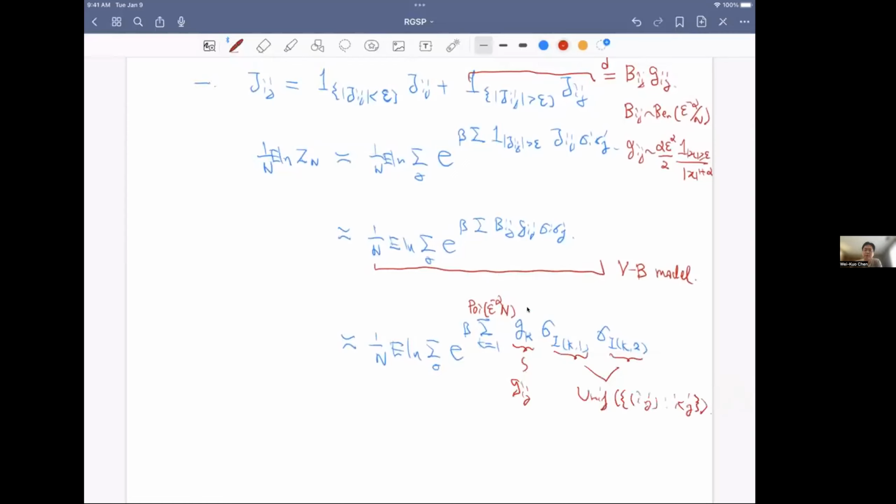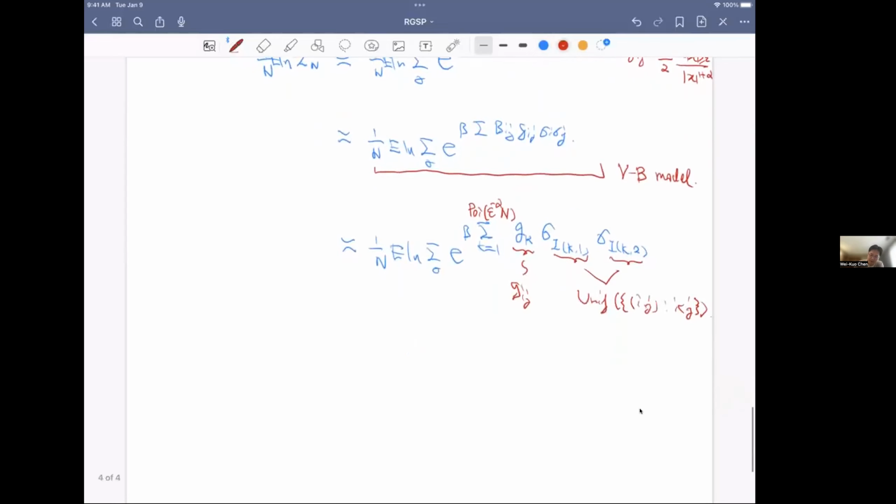So for any given k, you sample a random vector i_k1 and i_k2, and they are different, with i less than j. This model here is essentially the Poissonian version of the Viana-Bray model.